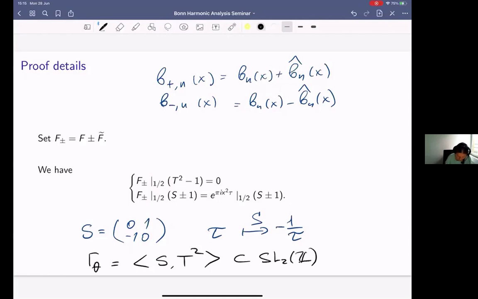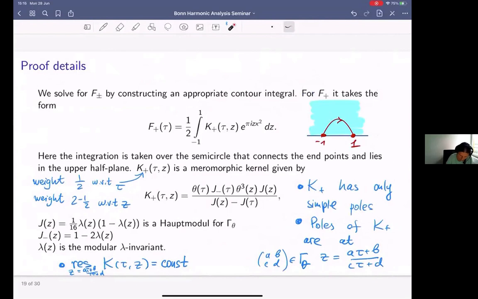Now we know that our function capital F is not modular with respect to this group. However, we know what the defect of modularity is.